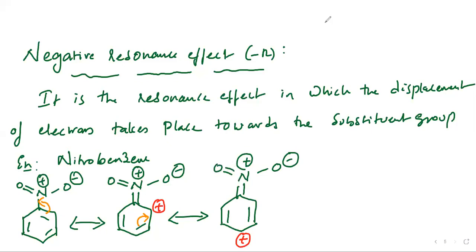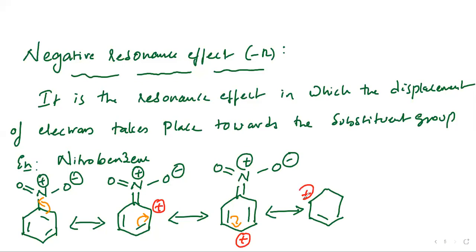Again what happens? This electrons will transfer towards this. And what you are going to get? You are going to get a compound like this. And this carbon is going to become electron deficient.